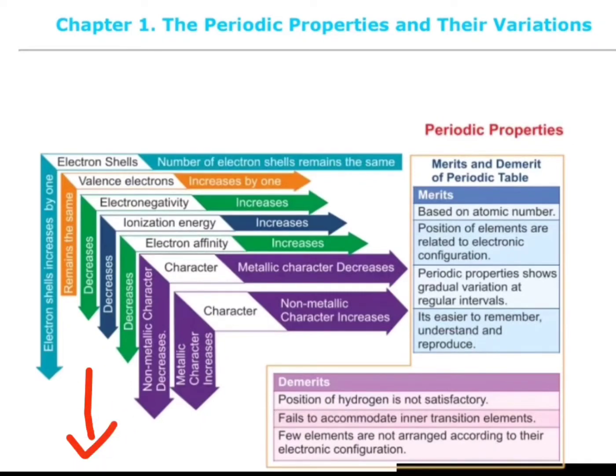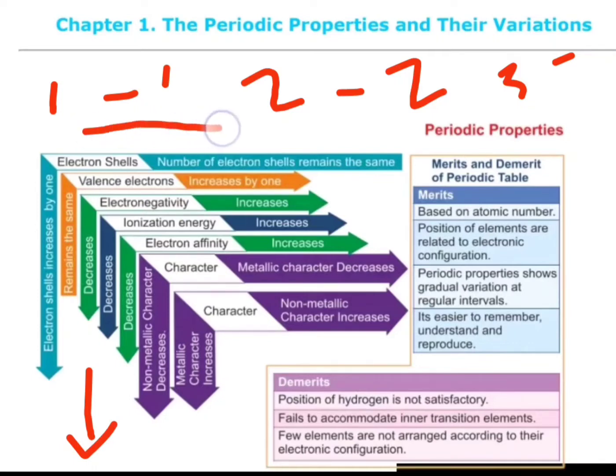If we talk about the first group, we have 1 electron in the valence cell of all elements. In the second group, we have 2 electrons in the valence cells of all elements, and so on for groups 3, 4, 5, 6. We have an equal number of valence electrons in all elements of the same group.